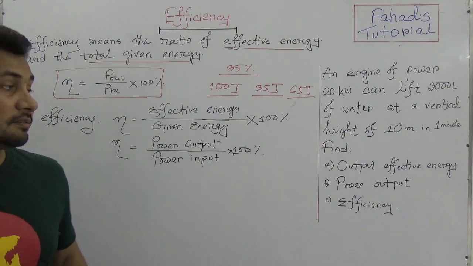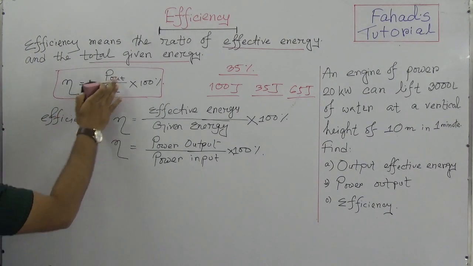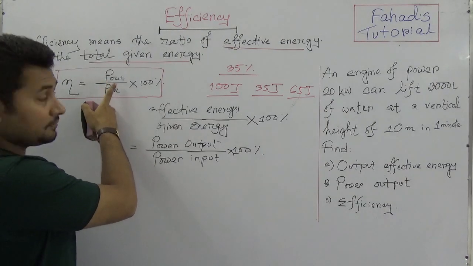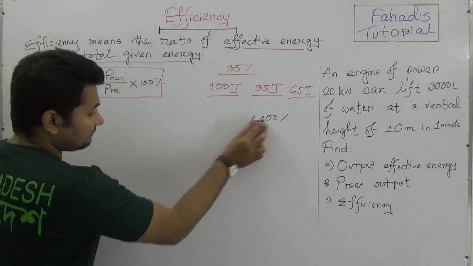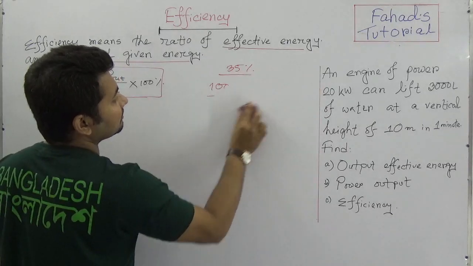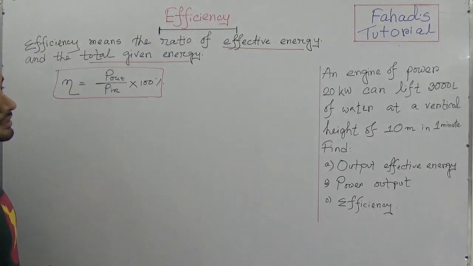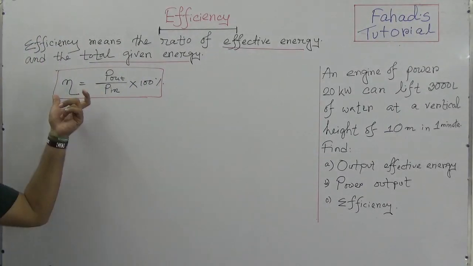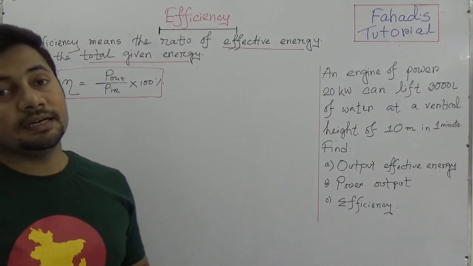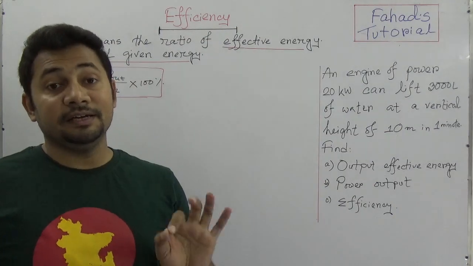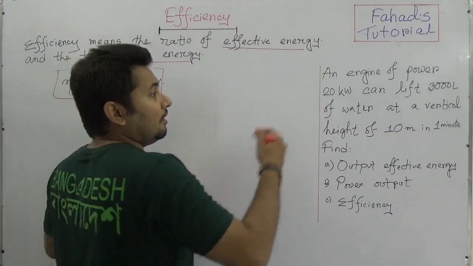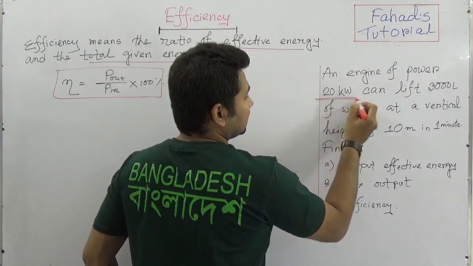I hope I can make you understand that efficiency is power output times 100% divided by power input. Now if you consider the problem given here, we can find out how to figure out the efficiency of any machine. Suppose an engine of power 20 kilowatt.